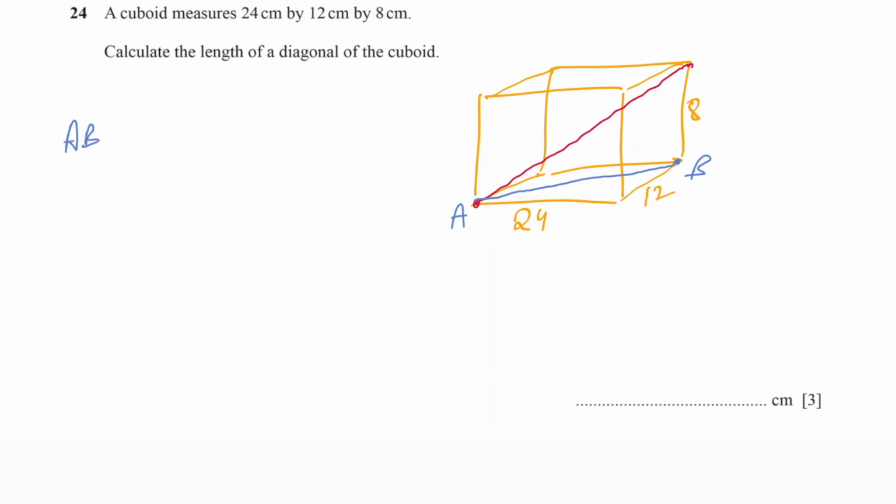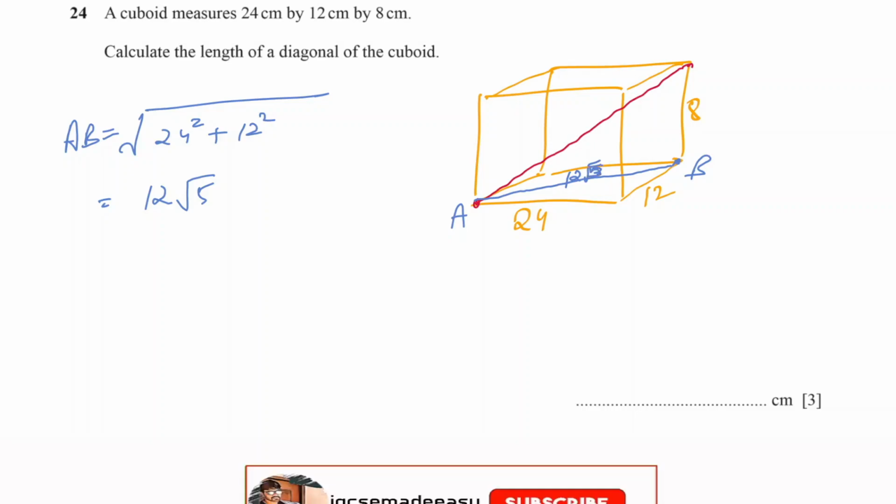AB equals, by Pythagoras theorem, the root of 24 squared plus 12 squared. Using my calculator, I get the answer as 12 root 5. That is AB.